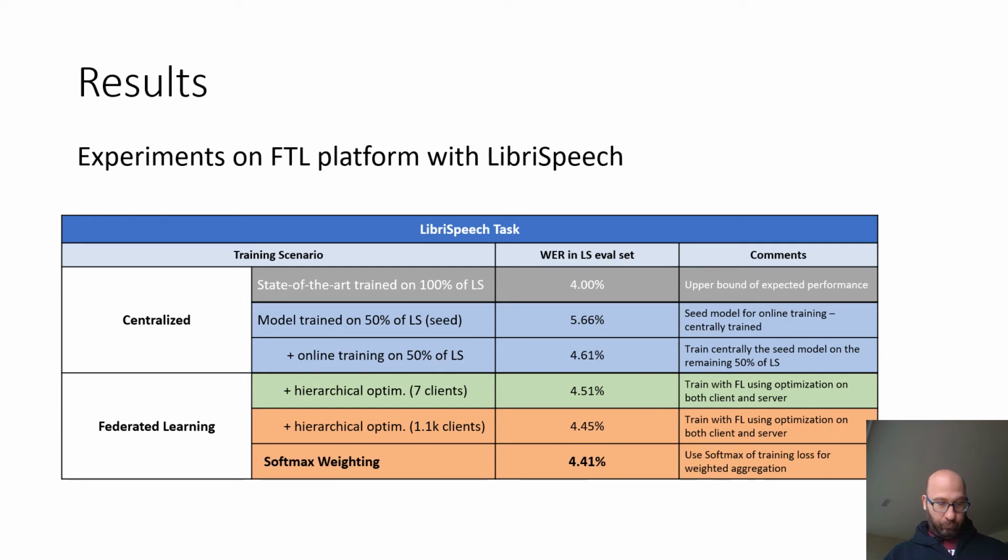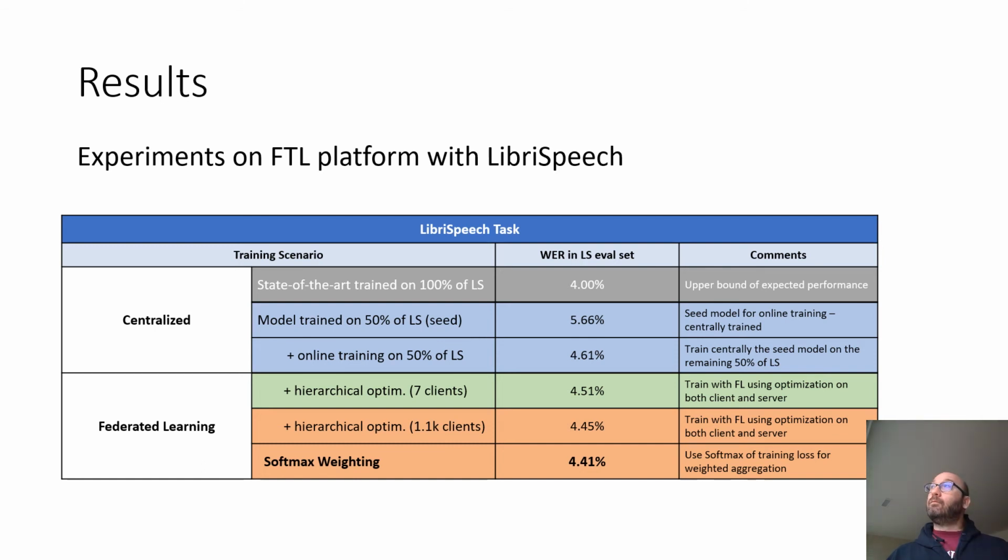The LibriSpeech task is used as the experimental testbed. The dataset contains about 1,000 hours of speech from 2,500 speakers reading books. Initially, a state-of-the-art sequence-to-sequence model is trained using Horovod on the entire training set of 920 hours. The performance of this model provides the lower bound of the word error rate since all the data is used in a centralized manner.